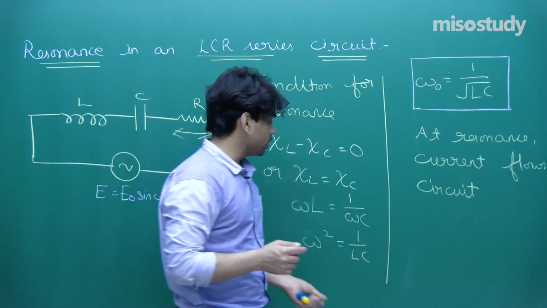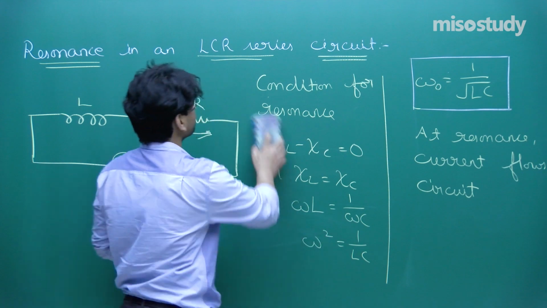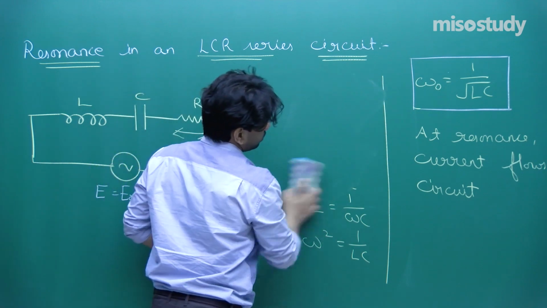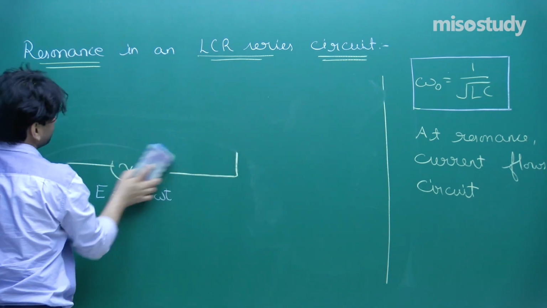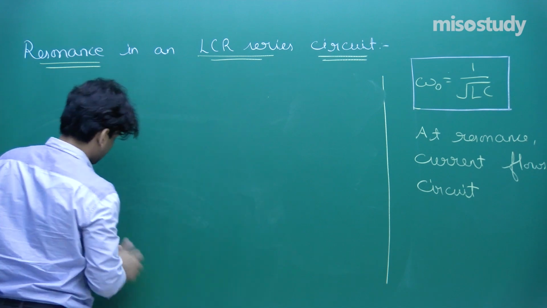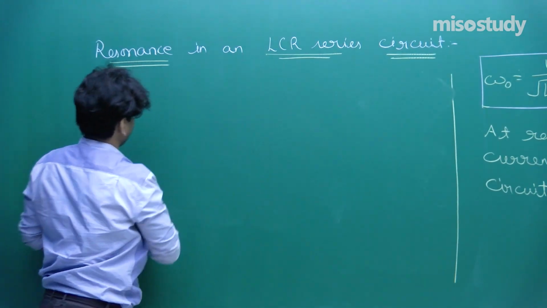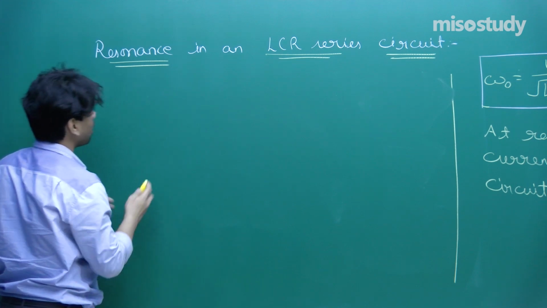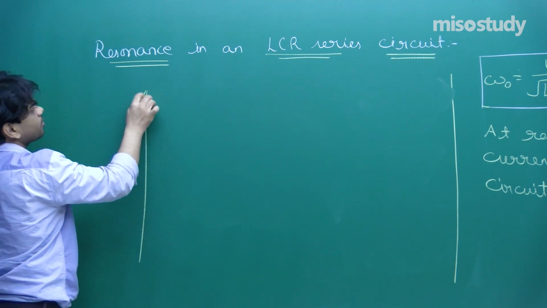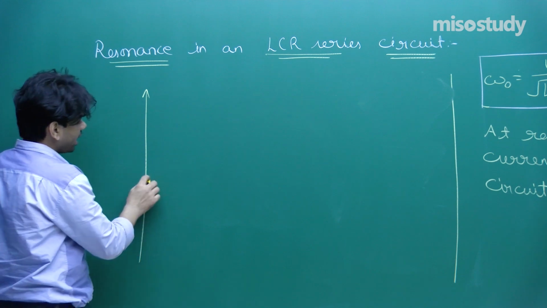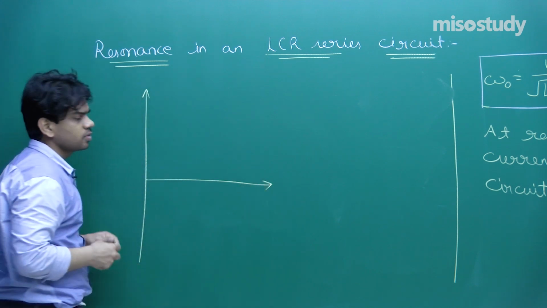And let me show you the same thing with the phasor diagram. If we use a phasor diagram to represent the same thing, how it will be displayed. Check it out. Let's say here on the y-axis I am going to represent the voltage, and on the x-axis I am going to represent the current.